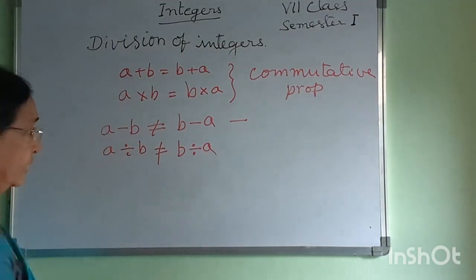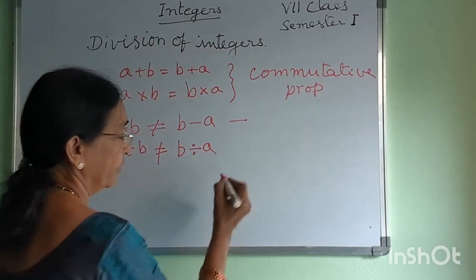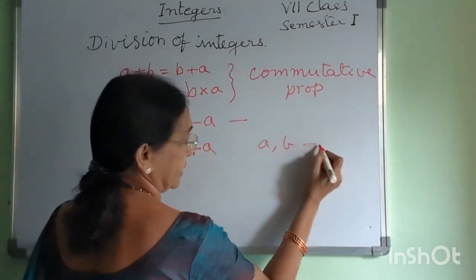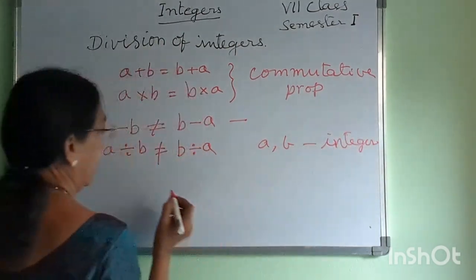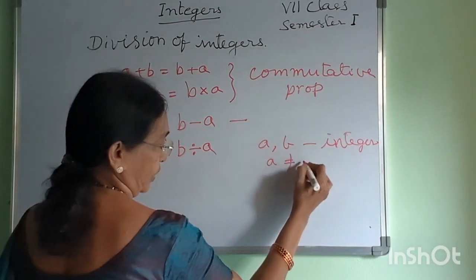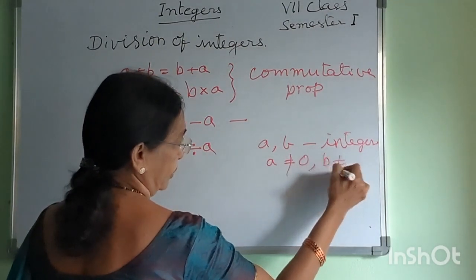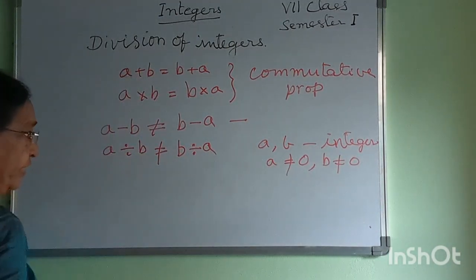That is, a divided by b is not equal to b divided by a, where a and b are integers, and a is not equal to 0 and b is not equal to 0, because division by 0 is not defined.